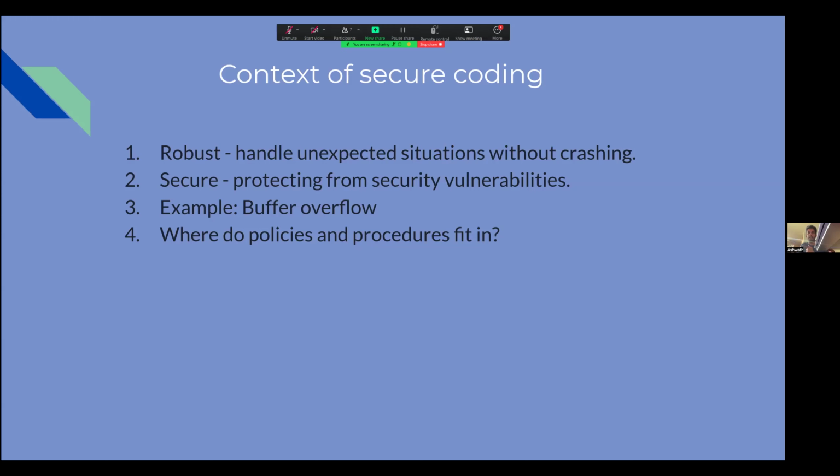So robustness is like a check, and if that check is broken, it might reveal a lot of other security vulnerabilities underneath. So it's not enough that the program is just robust, but it also has to be secure enough to protect against security vulnerabilities.